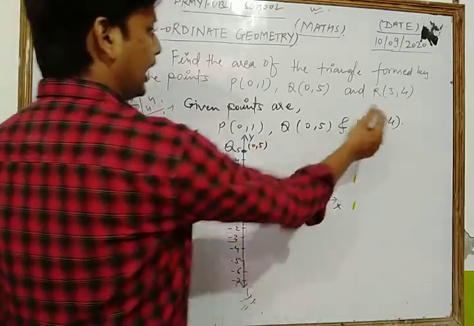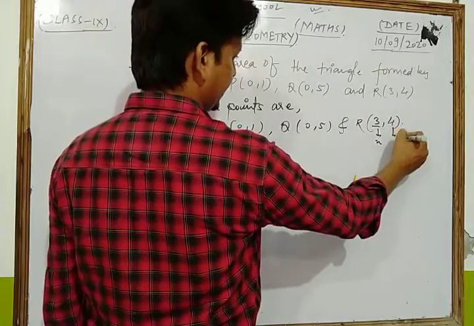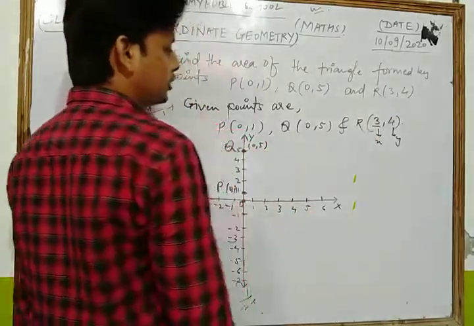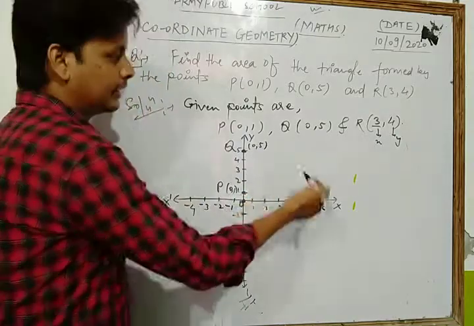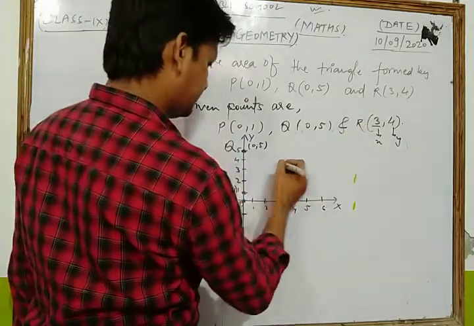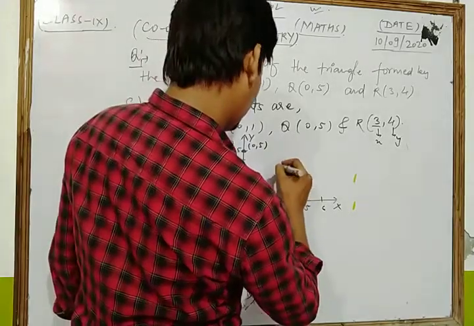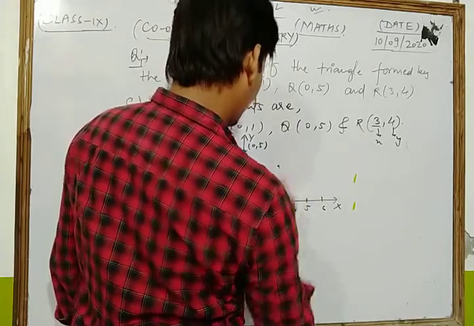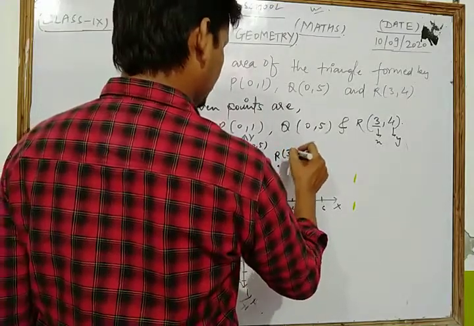Now (3,4): this is X, this is Y. Both the abscissa and ordinate are positive, so it lies in the first quadrant. Now from the origin, on the right side 3 and 4 is here. So point R lies at that position (3,4).